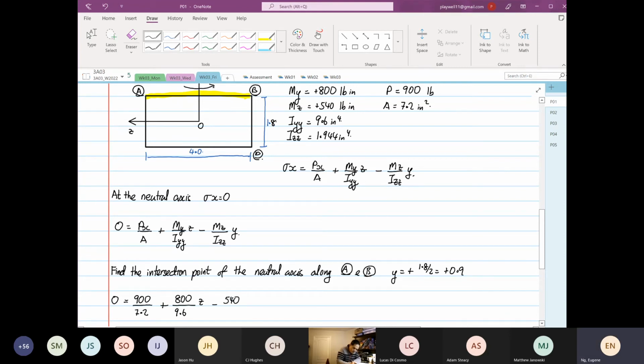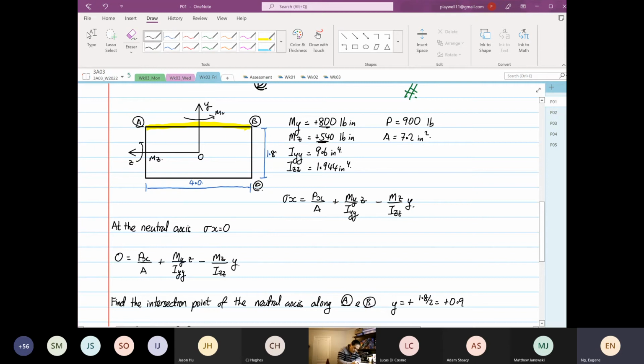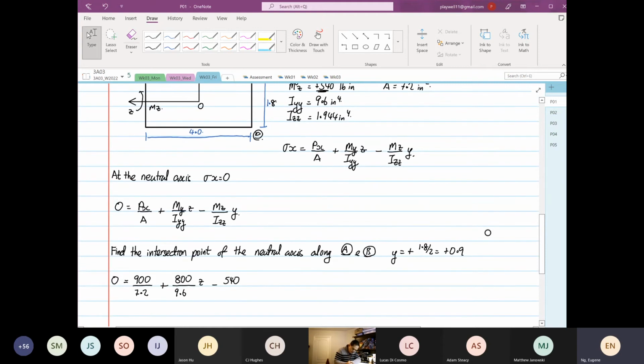All of these are positive because the moment about Mz is in this direction and the moment about My is in that direction, so using the right hand rule, the moments are all positive. Then divide by 1.944 multiplied by positive 0.9.